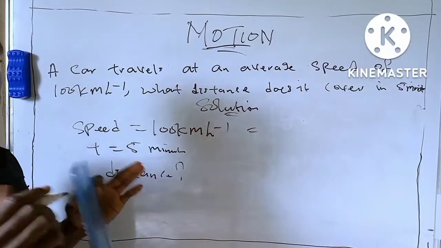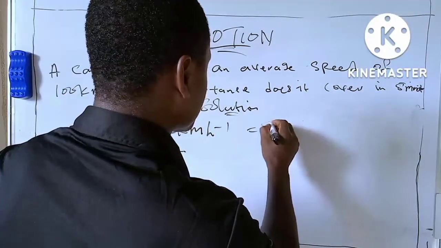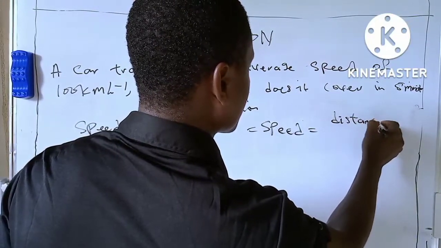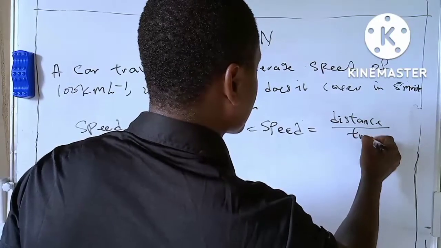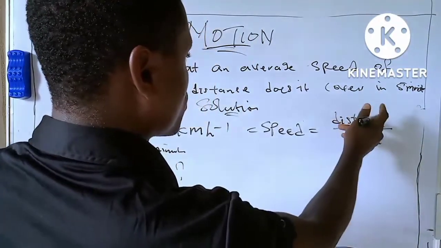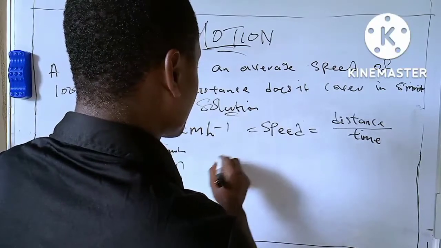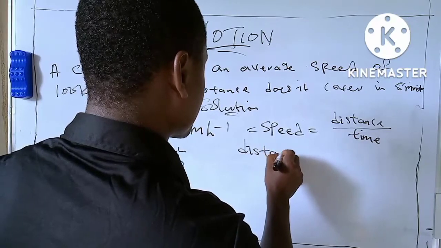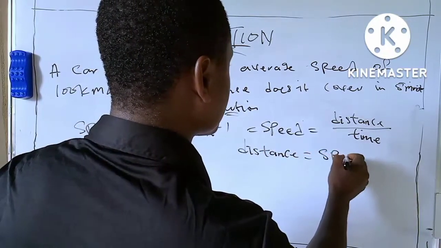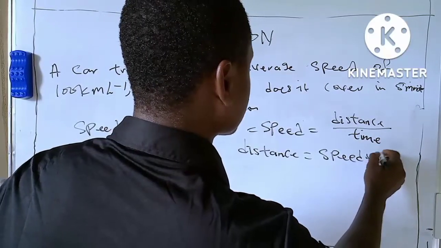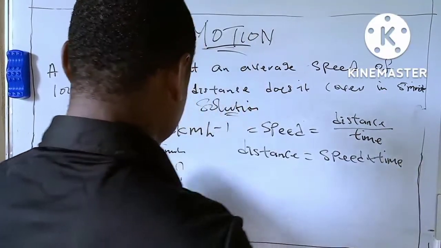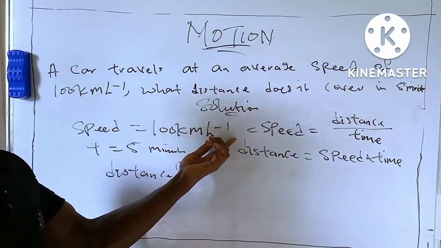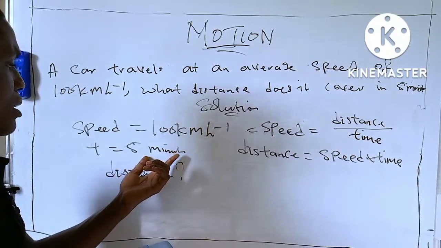But we know that speed equal to distance over time. So distance equal to speed times time. Here speed is 100 km per hour, while the time is 5 minutes.